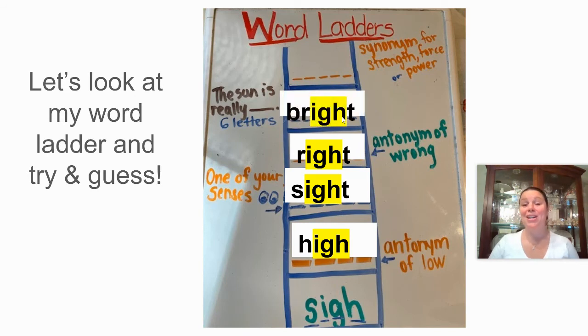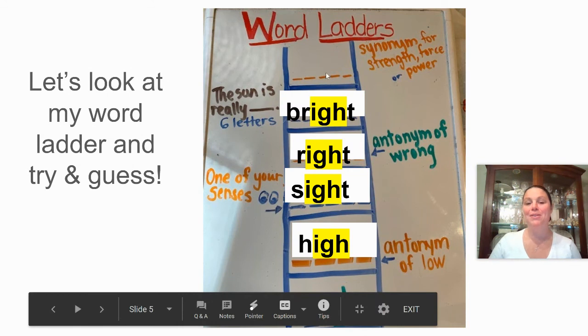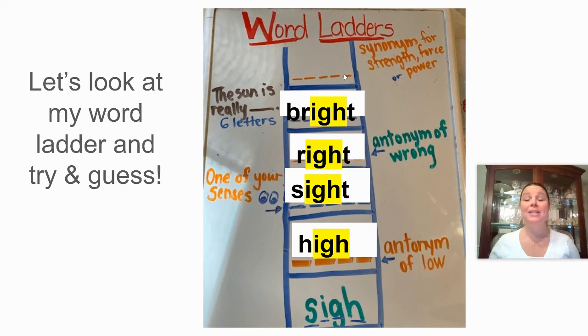So I have, again, the IGHT. And I highlighted the IGH because that's what's following in all of my word patterns here. And the top one says that it's a synonym, so it's a similar word for strength, force, or power. And the word is might.